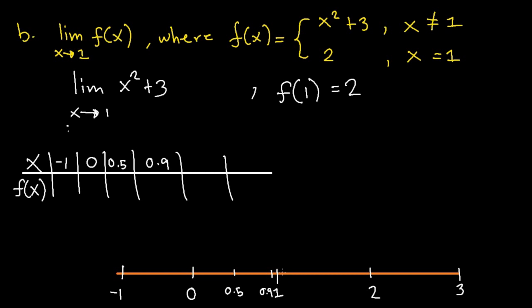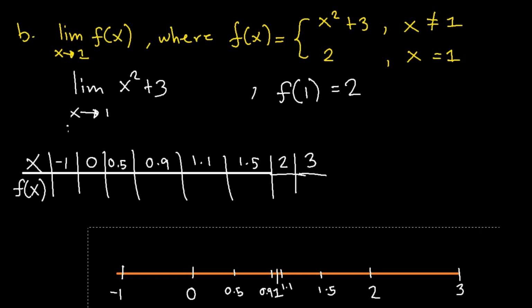Tapos diri sa pikas, the right hand value, that's 1.1. Duol sa 1 but not equal sa 1. And this is 1.5, 2, and 3.